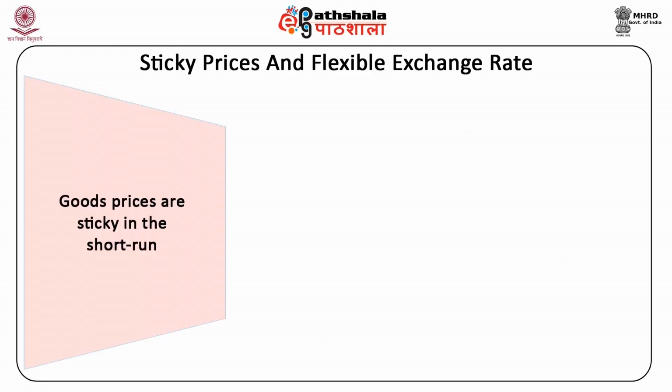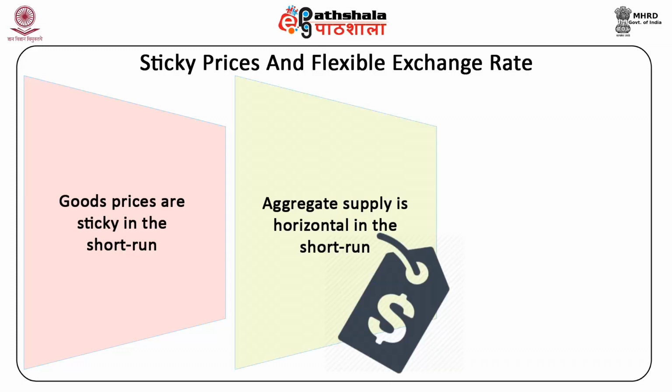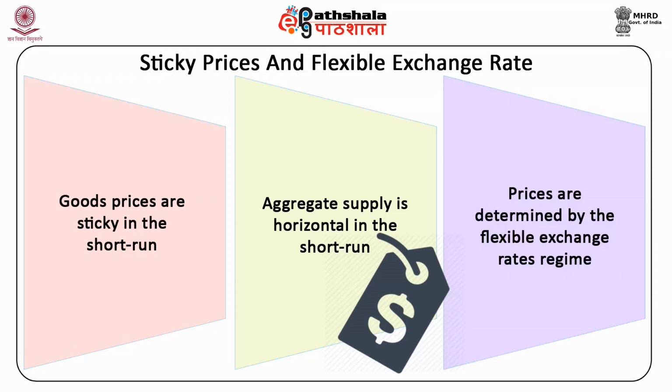The goods prices are sticky in the short run but vary in the long run. This implies that aggregate supply is horizontal in the short run but may be assumed to be vertical in the long run. However, prices in the model are determined by the flexible exchange rate regime. This assumption ensures that the purchasing power parity condition holds.